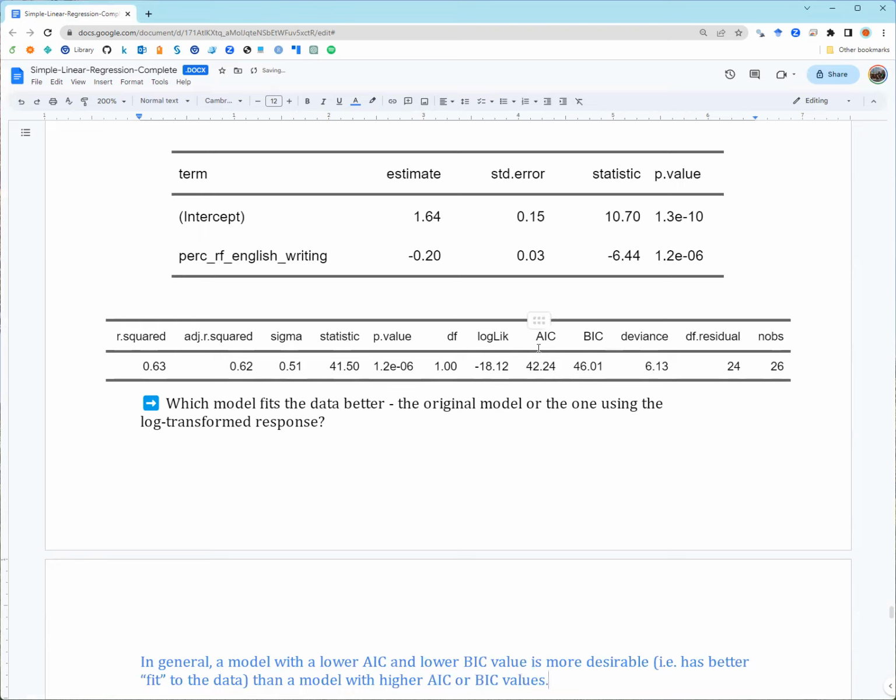These both typically tell the same story. Sometimes they may disagree. In my personal opinion, I rely on BIC if I'm using these information criterion measures. But generally, often they'll just tell the same story about which model's better.